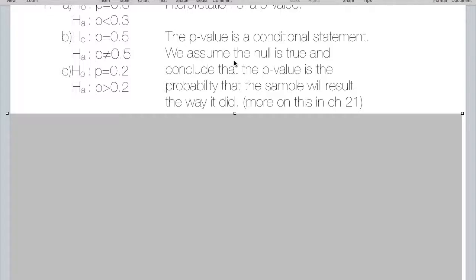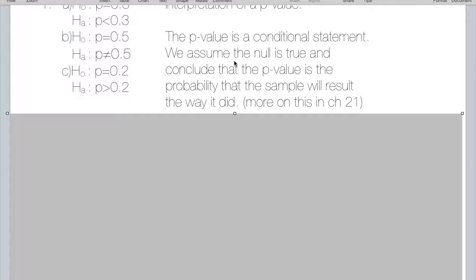And so I guess the easy way to look at number 3 was the fact that they talked about a probability, and the p-value is definitely a probability, but they never talked about the null being true. In this case, the null was that there's no change in public opinion.